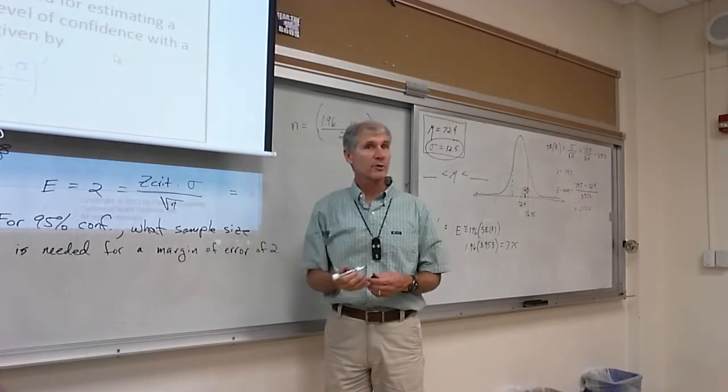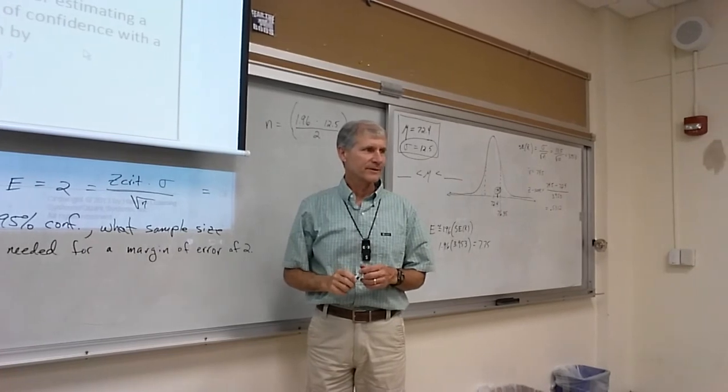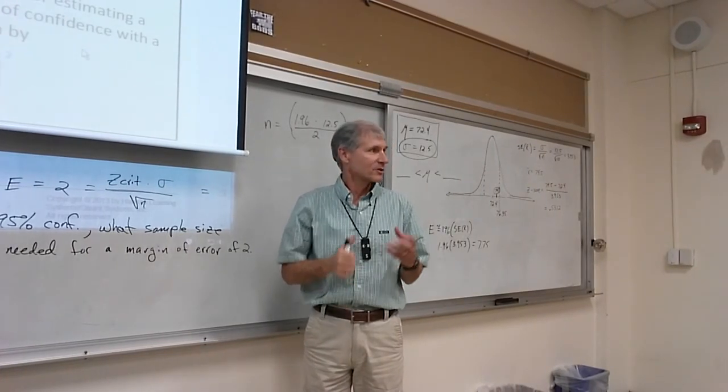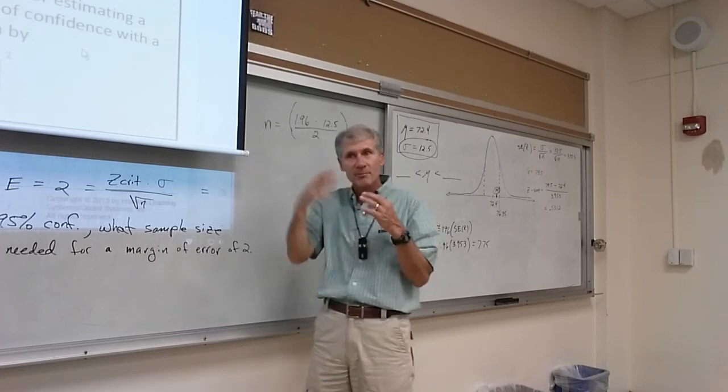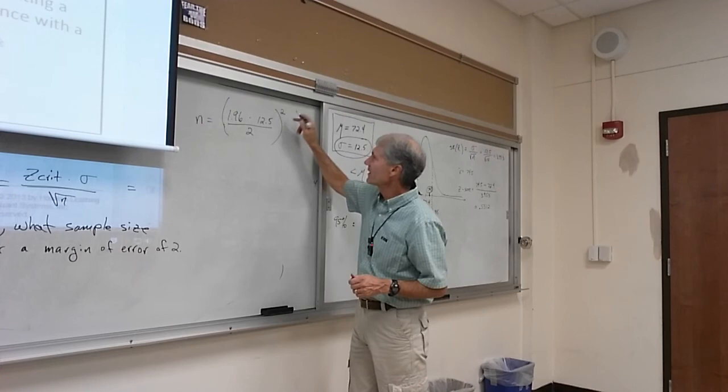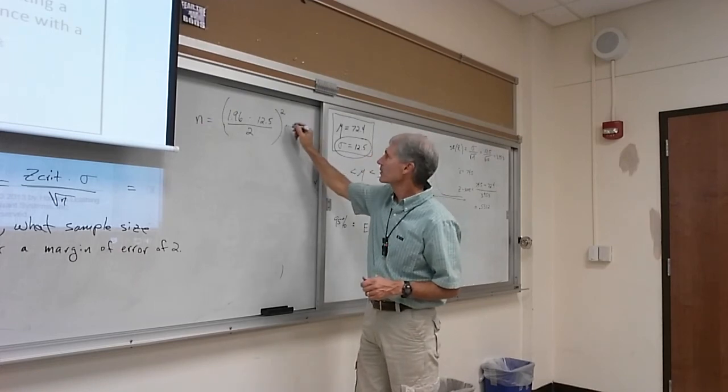And this is done before you've ever collected the sample. Duh. You can't go collect the sample and then figure out what sample size you need. So you figure it out before you go, and then you go out and collect data on that many people. And then you square it. So what do you get there?